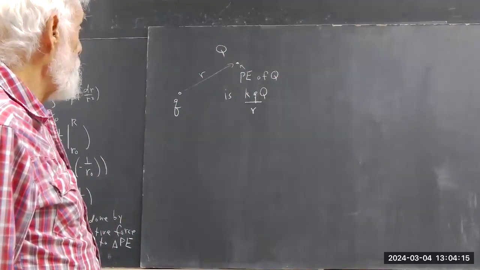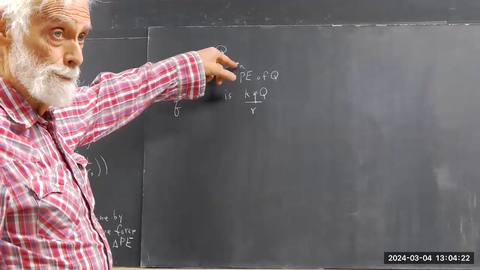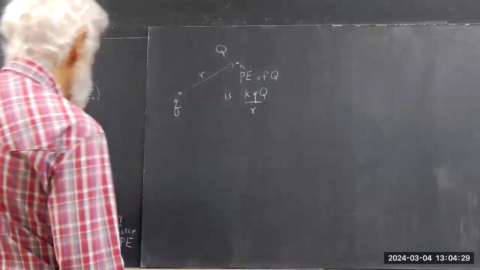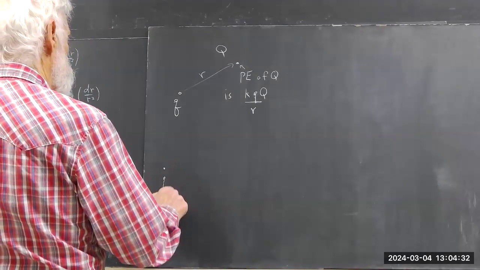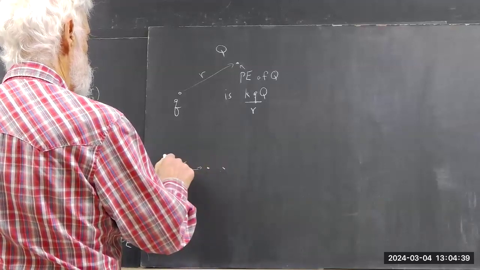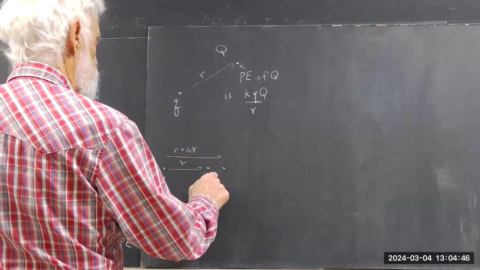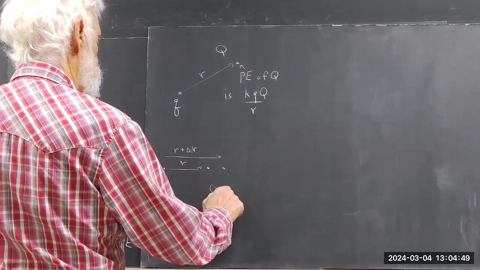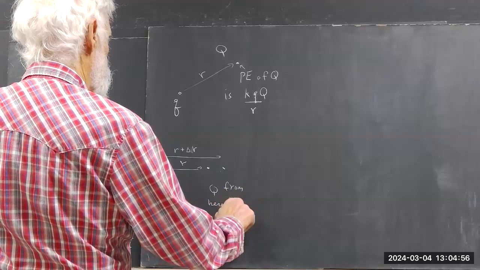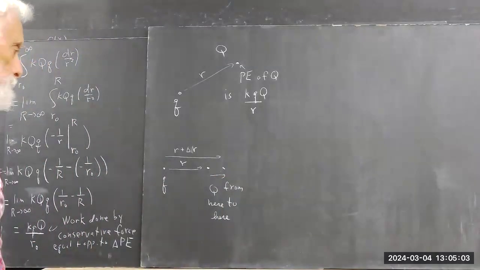The change of potential energy from here to here will therefore be, well, let's see, between two points. Q from here to here. Okay.